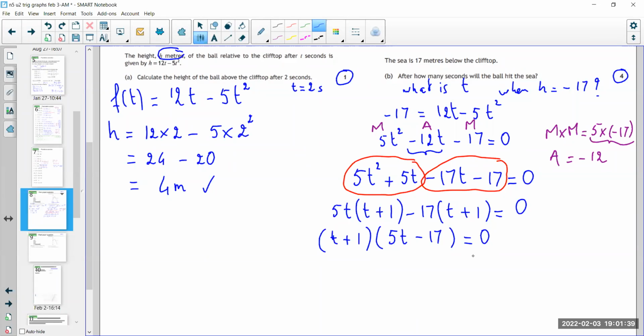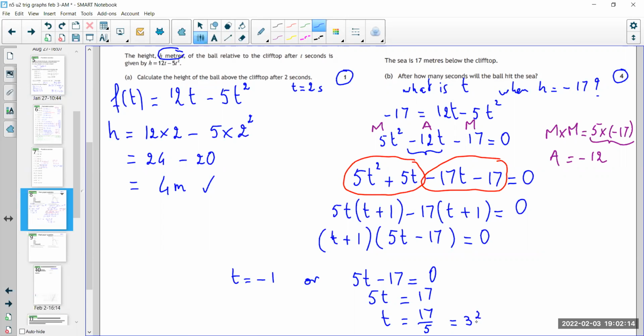When would they be equal to 0? These are what we call roots. When t equals negative 1, or 5t minus 17 equals 0, 5t equals 17, or t equals 17 over 5. And you can leave it like that. If you want to know roughly what it is, you can rewrite it as a mixed fraction. 3 times 5, 15, 2/5.